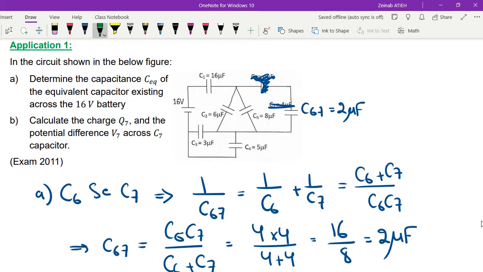This is a simple rule. I teach you this way. Take C2 and C5. I can go from the first armature to the other armature and there are only wires, so the potential here equals the potential here. On the other side too, I can go from the first armature to the other armature through only wires. We know the potential difference across a wire is equal to 0, so the potential here is equal to the potential there. So the potential difference across C2 is equal to the potential difference across C5. This is how I know that C2 is parallel with C5.